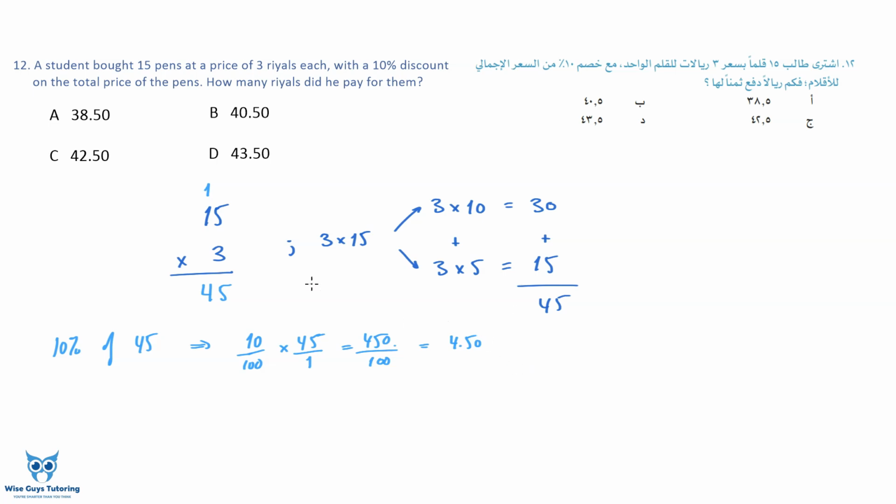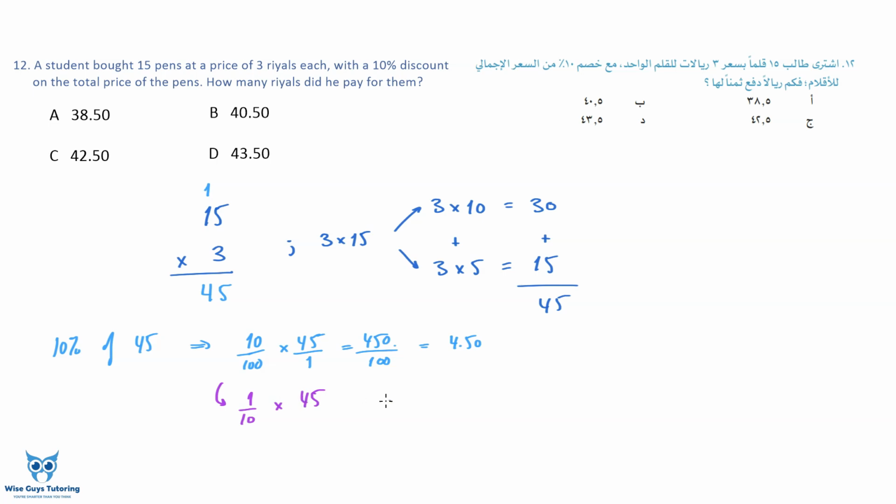So if he's paying 45 and that's his discount, we'll just subtract them to get the total that he pays. But before that, let me give you a little shortcut for 10%, okay? 10% is 10 over 100, that is true, and you would have to multiply it by 45. But here's the thing, 10 over 100 is just 1/10. It's just 1/10, right? 10% is 1/10 of something.